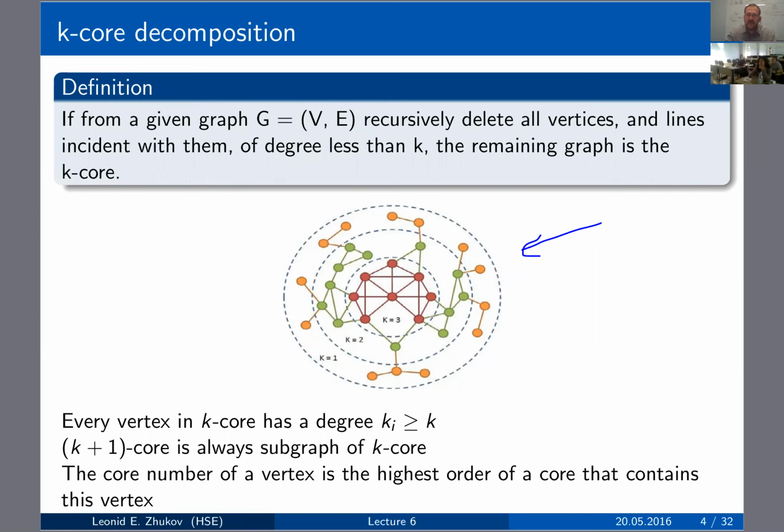So let's look at this example and try to follow me. We're going to look at this graph right now. It's a connected graph, and so every vertex in this graph has a degree of 1 or more. Let's pick k equal to 2 and see, in a constructive fashion, what should be done to get this k equal to 2 core.